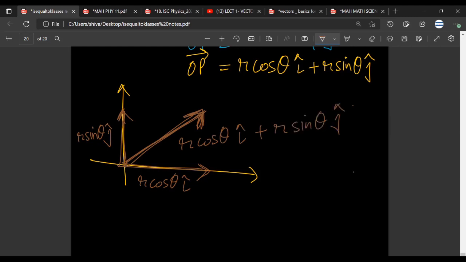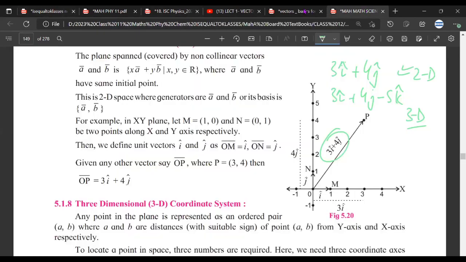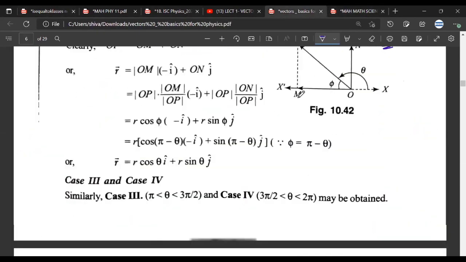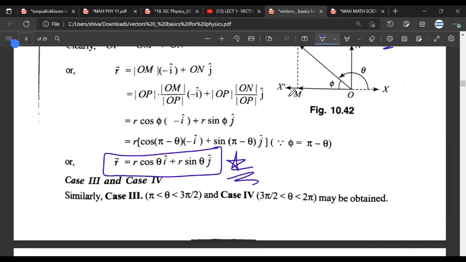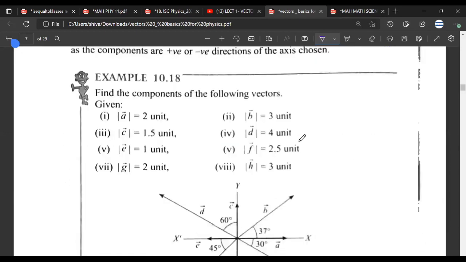Is it making sense? So this is the format in which it is written. This is important.